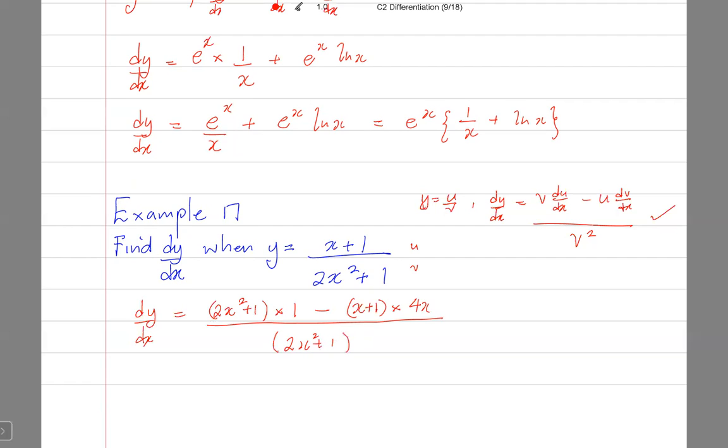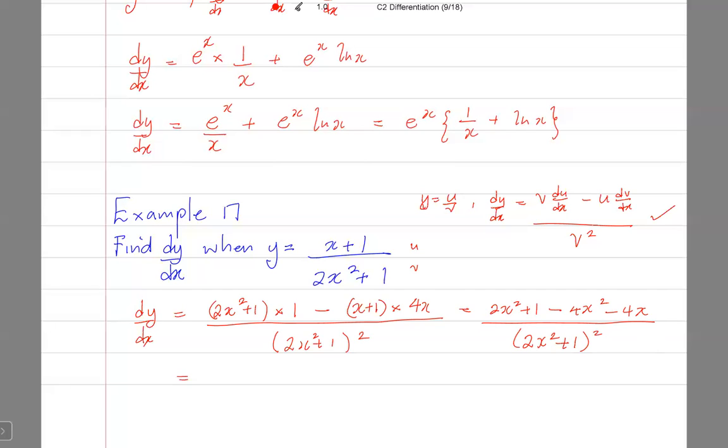And that is squared. Let's simplify the numerator. We're going to have 2x squared plus 1 minus 4x squared minus 4x, and this is all over 2x squared plus 1 squared.